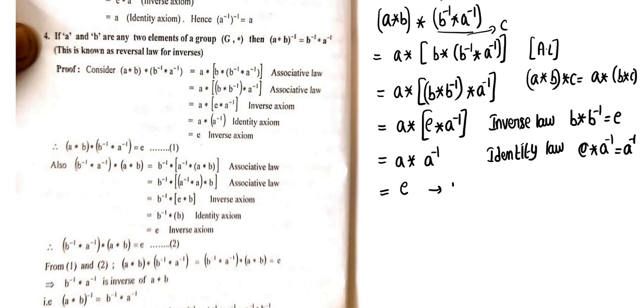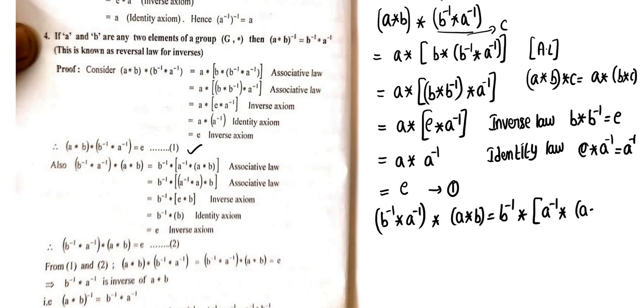Take this as equation 1. This is the LHS, this is the RHS of equation 1. In a similar manner, (b^-1 * a^-1) * (a * b) equals b^-1 * (a^-1 * (a * b)). Here also I am using the associative law.